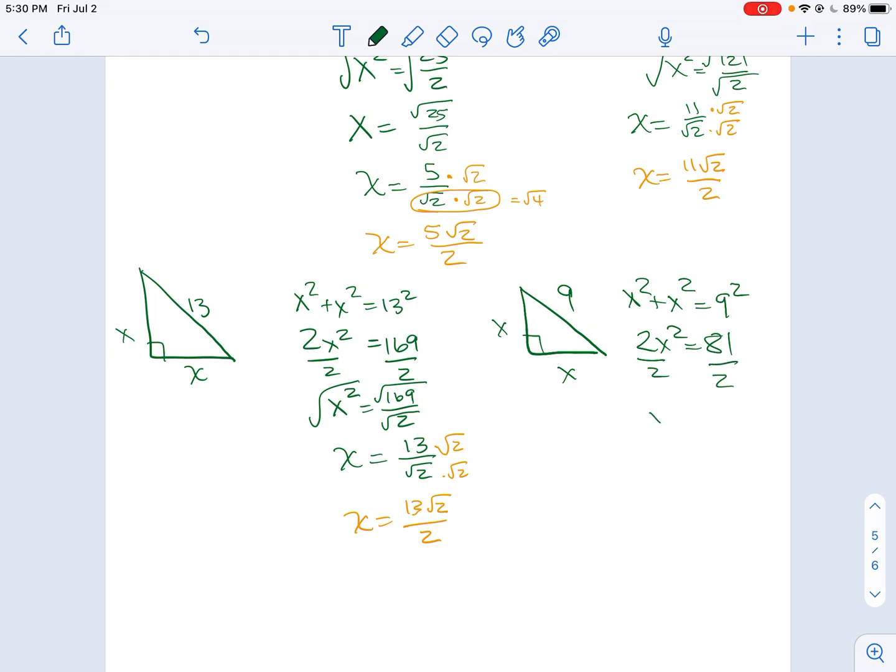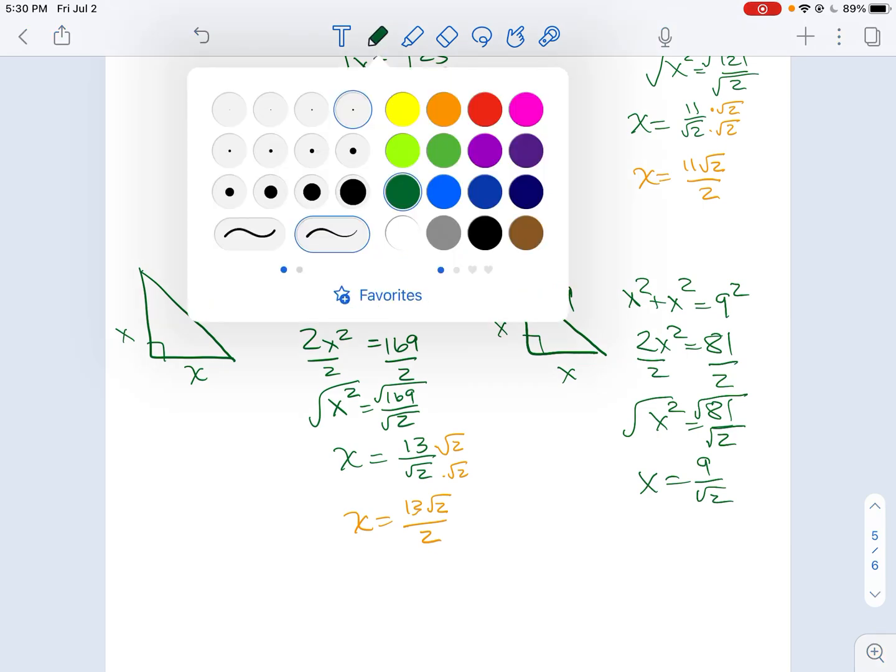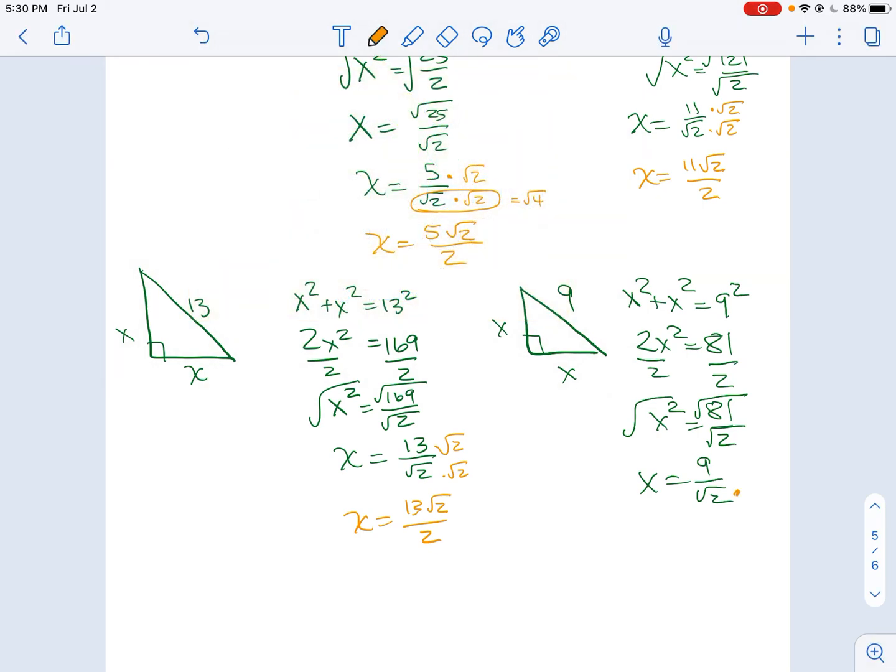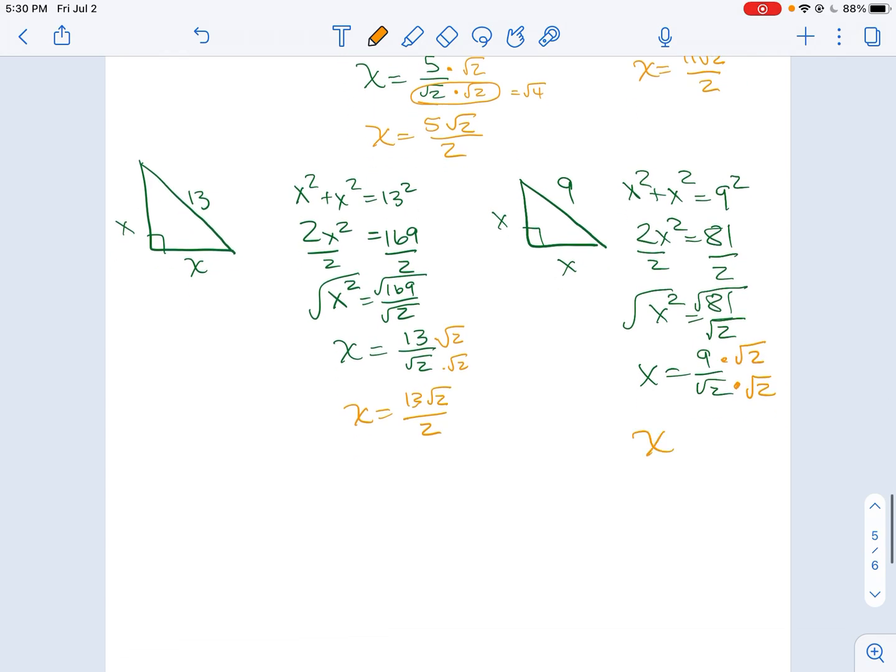Divide by 2 and get x squared equals 81 over 2. I take the square root. I get x equals 9 over the square root of 2. I multiply by the square root of 2 on the top and the bottom. So x equals 9 radical 2 over 2.